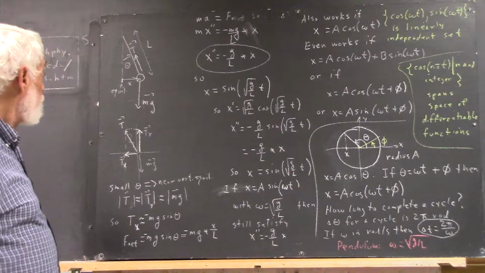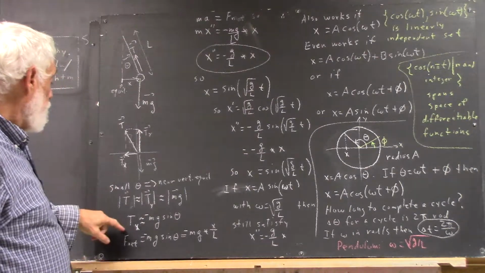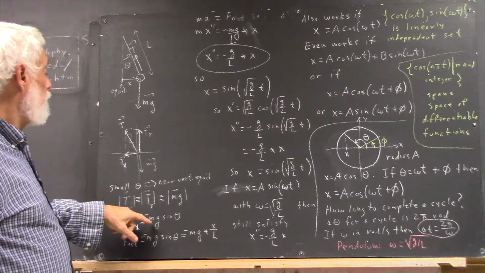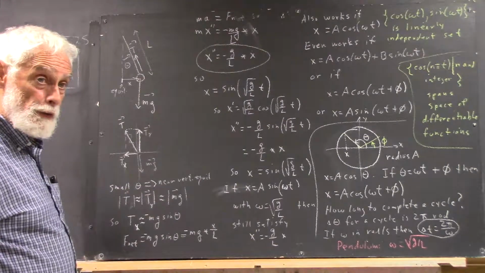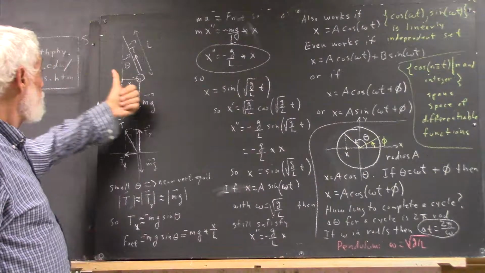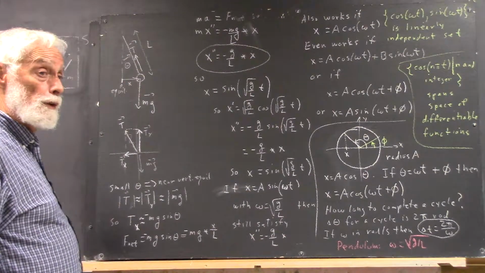It follows then, from similar triangles, that the x component of the tension has magnitude mg sine theta, and of course that tension is directed back toward the origin.